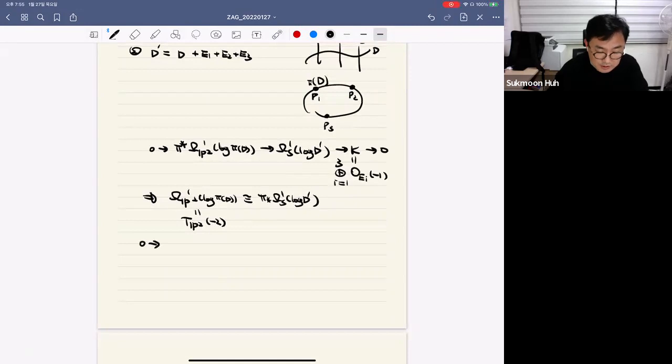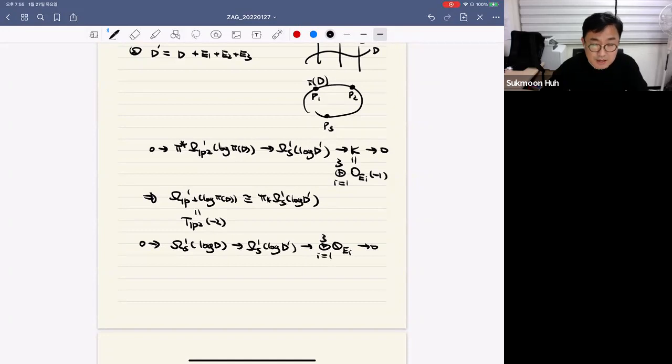And then we consider the modified Poincare residue sequence upstairs: omega S1 log D prime, direct sum of O_{Ei}, to 0, where i runs over 1, 2, 3. And then we apply the push forward functor. The first one is what we want to consider.